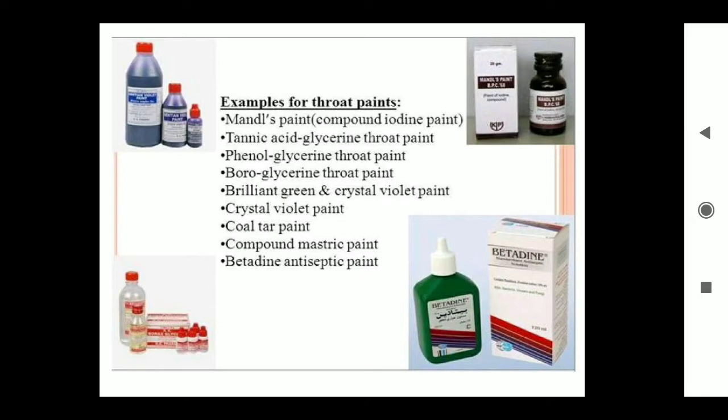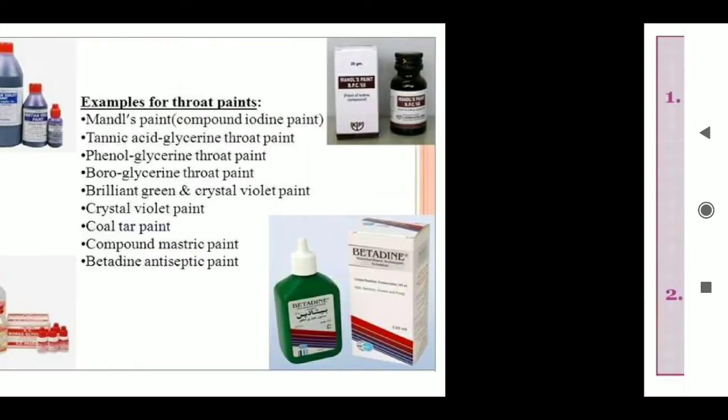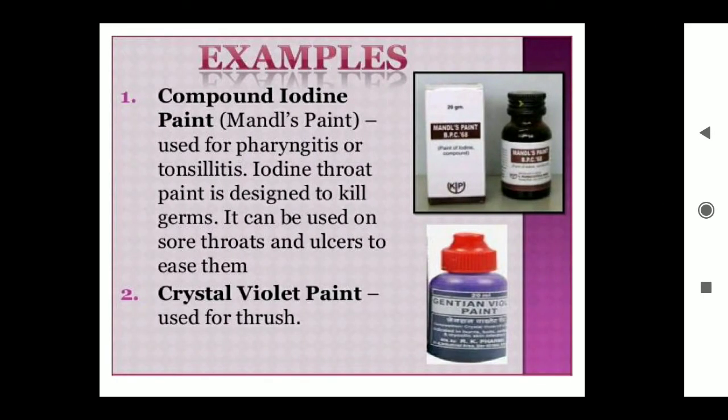Examples of throat paints are Mandel's paint, tannic acid glycerin throat paint, phenol glycerin throat paint, boro glycerin throat paint, brilliant green and crystal violet paint, coal tar paint, compound mastic paint, and Betadine antiseptic paints. Example: compound iodine paint, also called Mandel's paint.